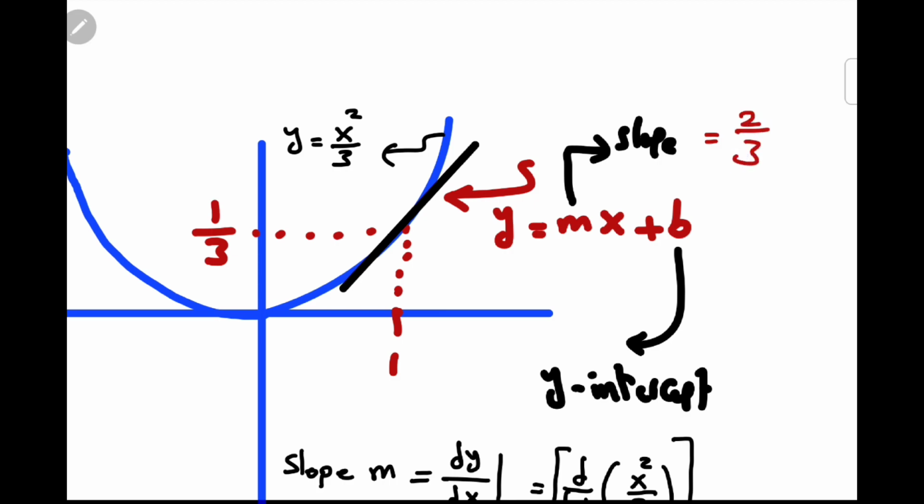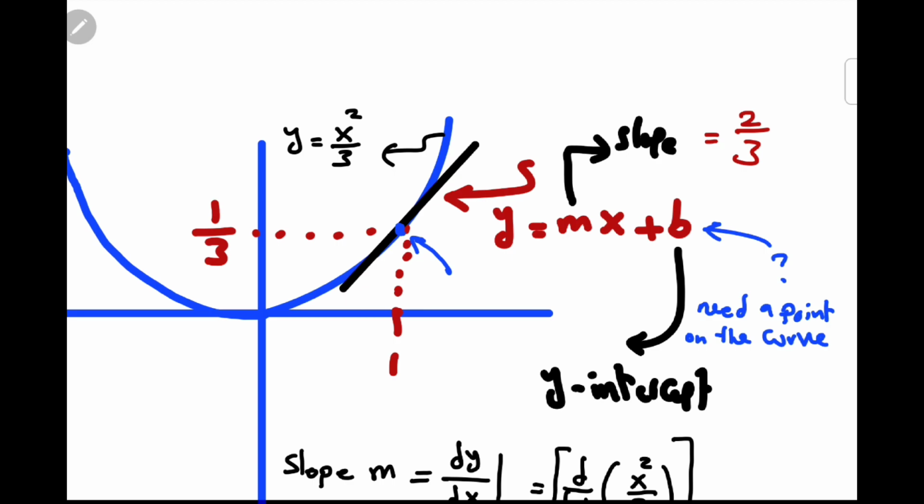Now how do we find the value b? To find the value b, you need a point on the curve that touches the line as well, which is this one.